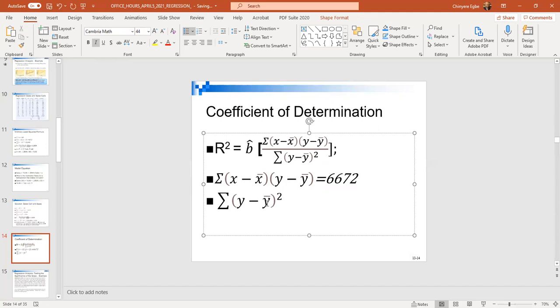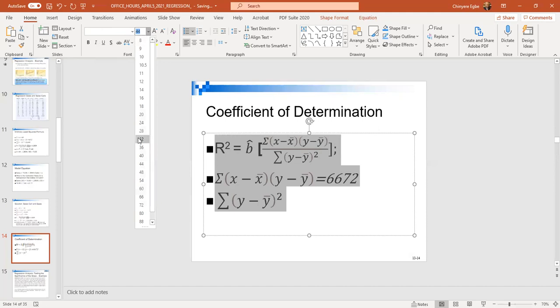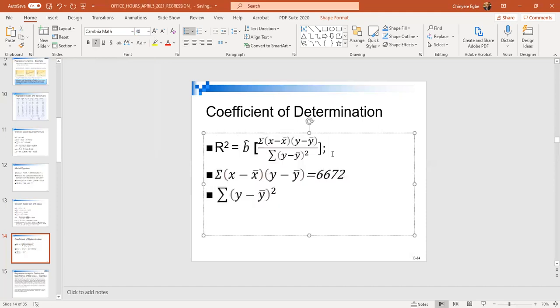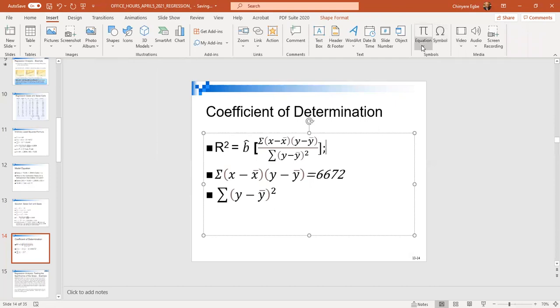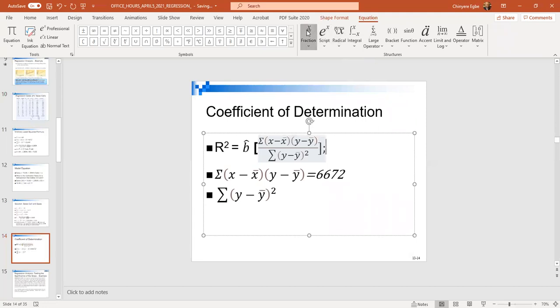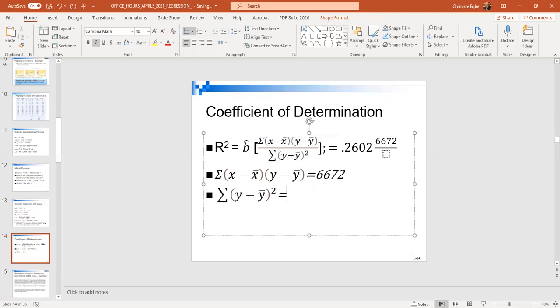So r squared will be b hat. We calculated b hat to be 0.2606, times 6672, if I remember that correctly, divided by, what did we get for that?